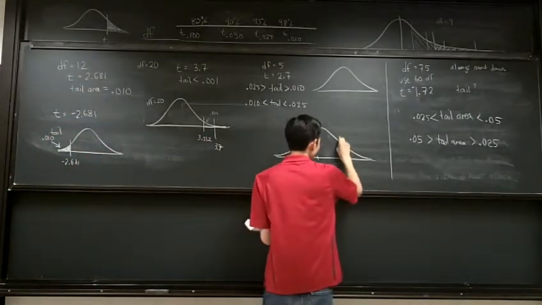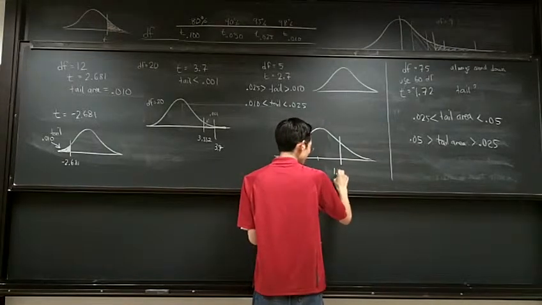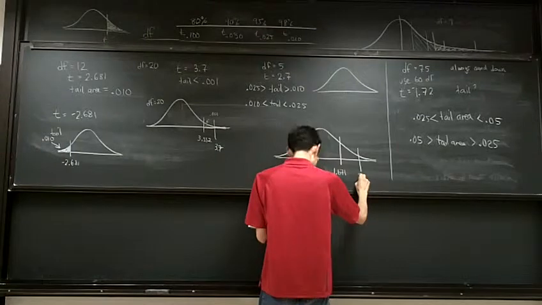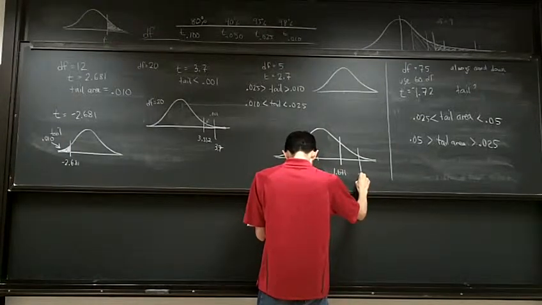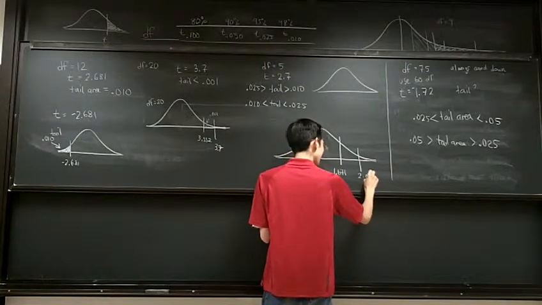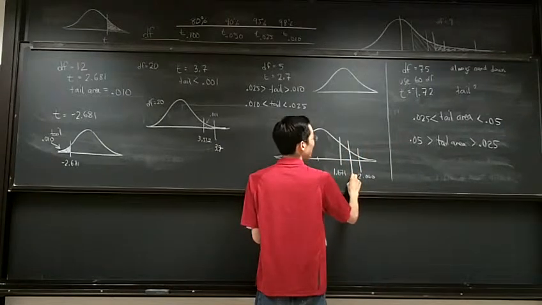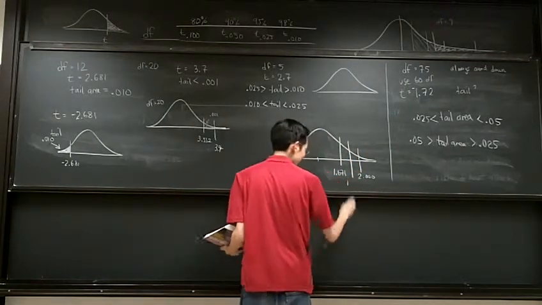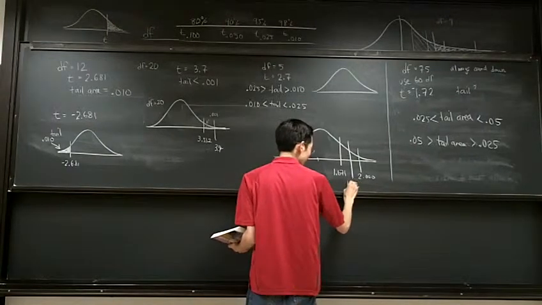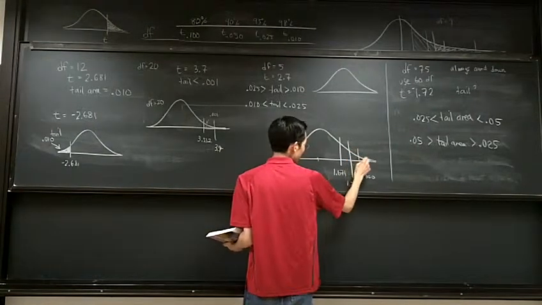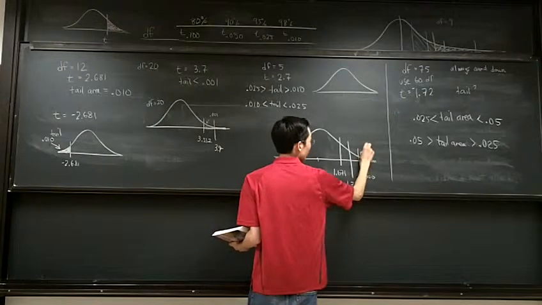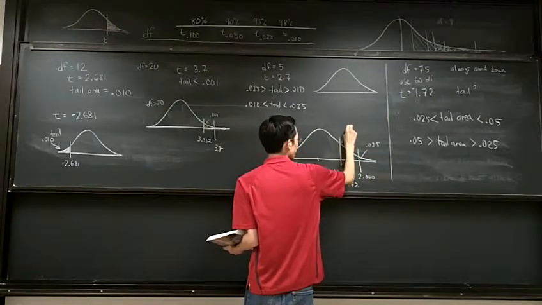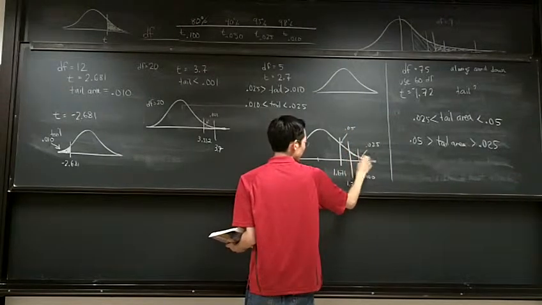What do I have? I got 1.671, and here I am at 2.000, and I'm going to, oh shoot, negative. Well, this would be if it were positive, so I want to know how much is here. I got 0.025. Beyond here, I've got 0.05. So in here, I've got something in between.